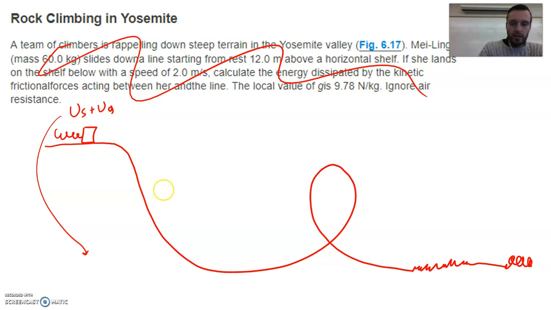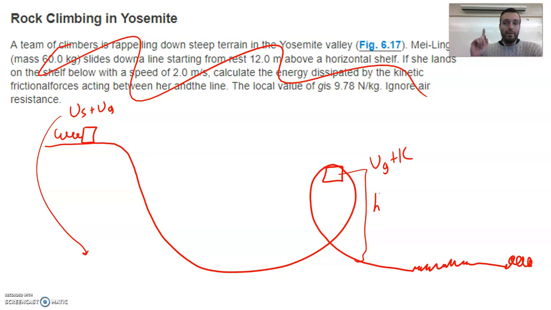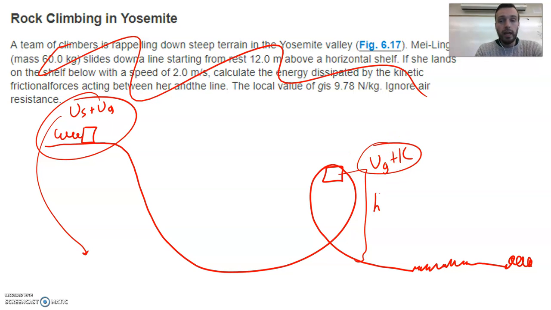And then I could say, all right, over here, how fast is this thing going? Well, you would have some height associated with this, so we would have UG and we would also have K. So do you see how if I told you how high we were and how far the spring was compressed over here, you could set that equal to how high we are and how fast we're going over here, or you could find out how fast we're going over there. Then what about this?